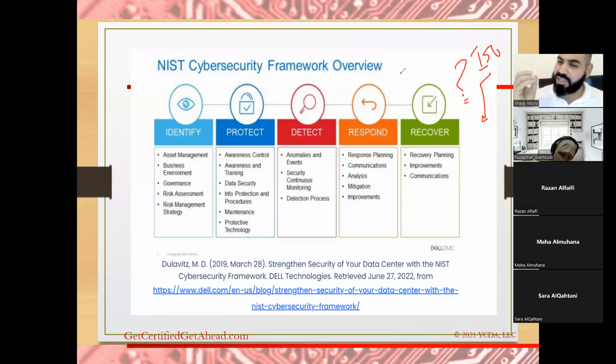Why? Because ISO is an international institution that makes sure that you implement controls in order to protect your environment. Okay. What is the difference? Which one is going to make me more secure?